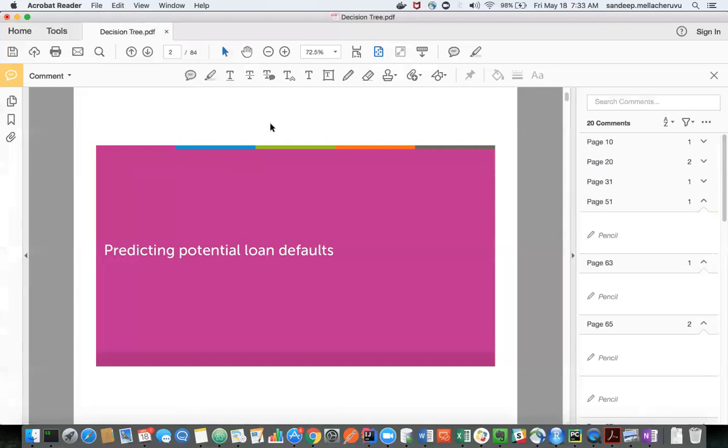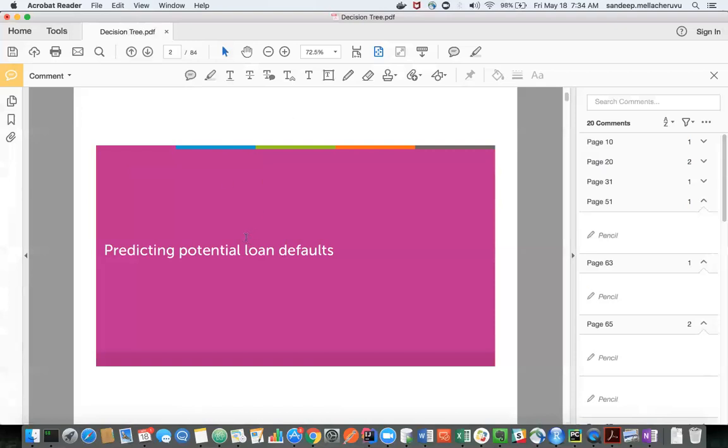Now as a bank, we want to know prior to giving the loan whether he will default or not, based on his customer profile, his behavior, many traits. We want to understand whether he will default in future before giving the loan itself, so that I can avoid many of the potential defaults.